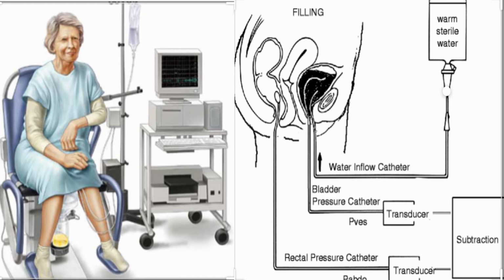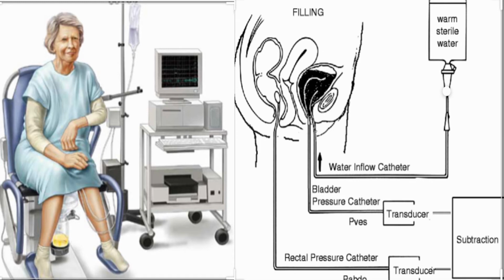If there is any symptomatic detrusor pressure on standing, it is again recorded. At the end, the filling line is removed and the woman stands up and is asked to cough, and if there is any leaking it will be noted.